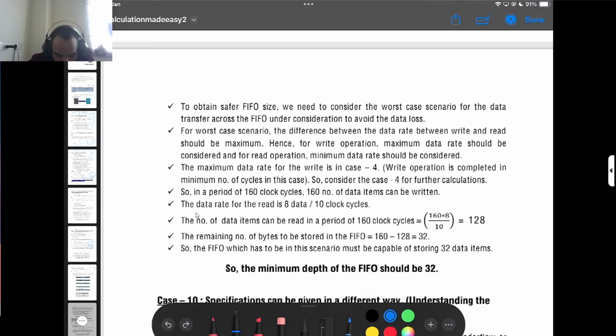For write operation, maximum data rate should be considered, and for read operation, minimum data rate should be considered. The maximum data rate for the write in this case is 4, where the write operation is completed in the minimum number of cycles.